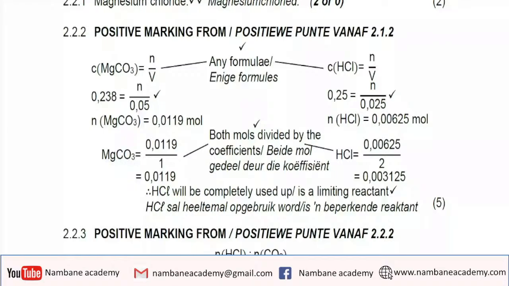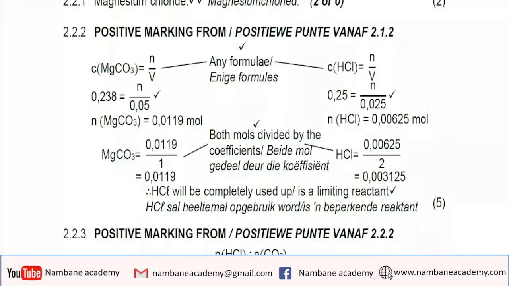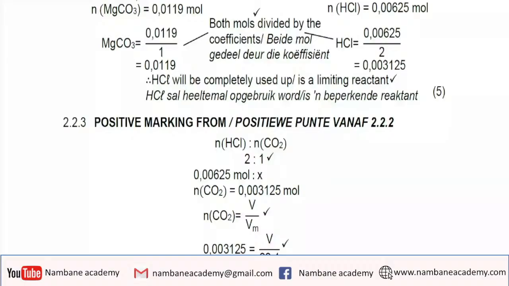And then we move to the last question on question 2, which is 2.2.3, which asks for the volume of carbon dioxide that has been formed at STP, for 4 marks. On the MEMO, we are also doing positive marking from question 2.2.2.